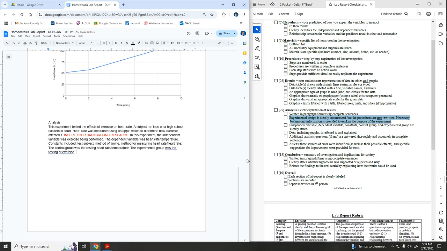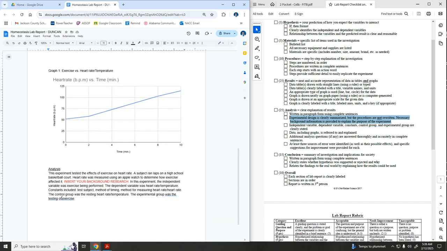All right, data, including graphs, is referred to and explained. Well, all we have to do is say graph 1, and let's talk about what it shows.